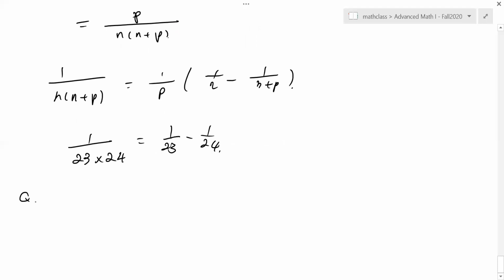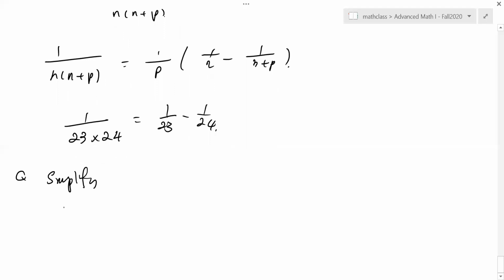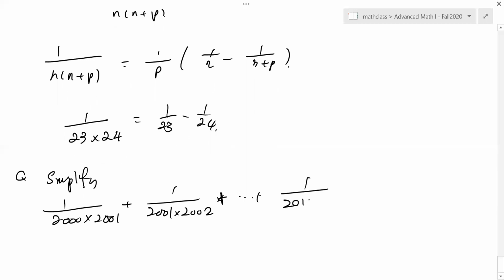So that can be decomposed. It's useful. Okay, let's look at the following problem. Simplify 1 over 2000 times 2001, plus 1 over 2001 times 2002, and so on, up to 1 over 2019 times 2020.